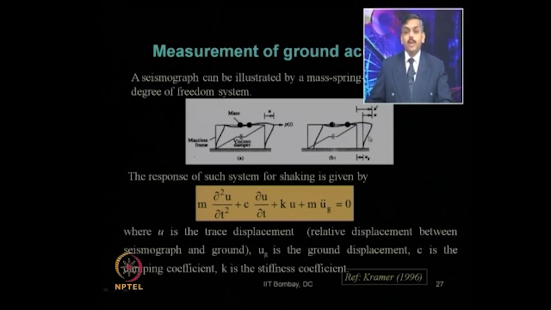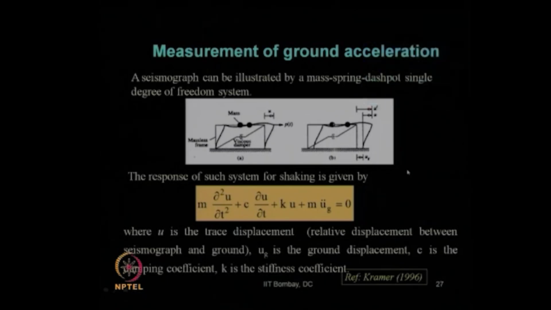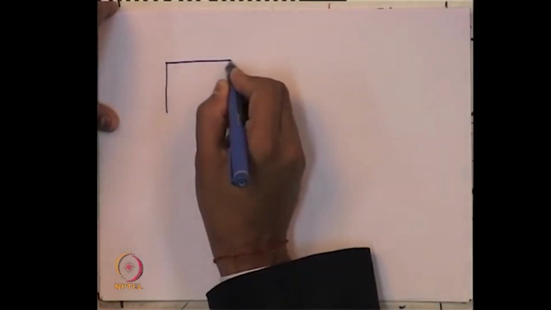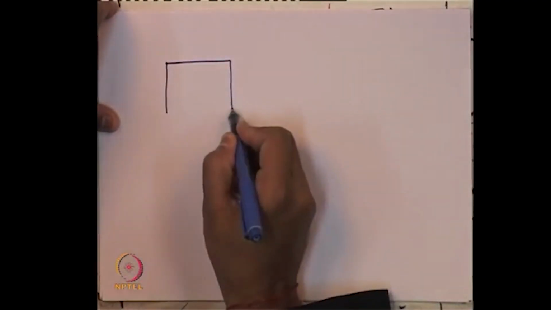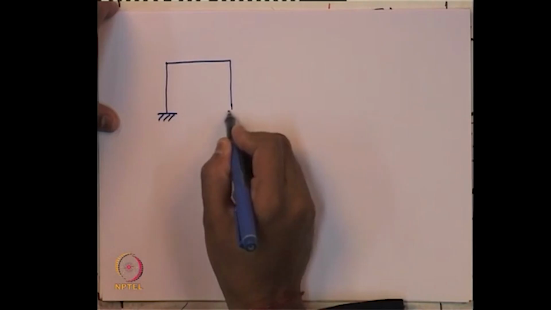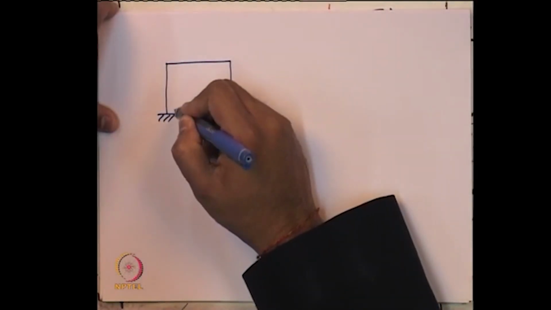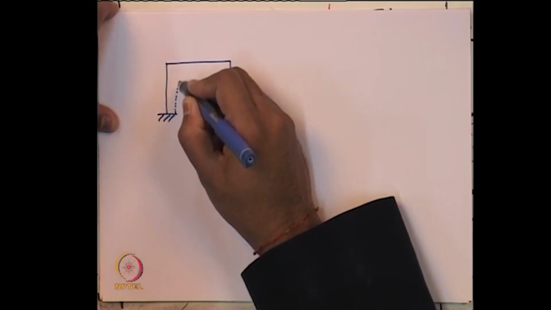So, what can we derive from this? We can derive that the mass will be subjected to an inertia force. If we write down the variation of different forces acting on this single degree of freedom portal system, as we have seen, the deflected shape is something like this.